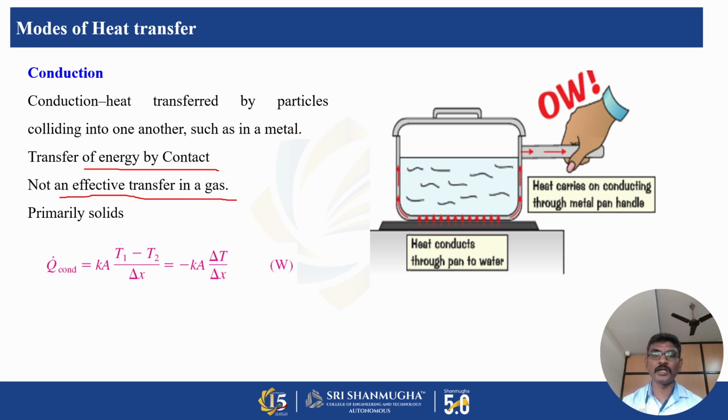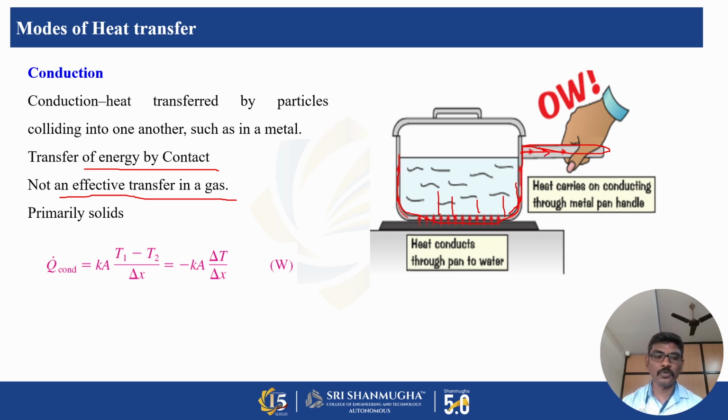In this picture, there is a pressure cooker. We are supplying heat at the bottom of the vessel. By molecular impact, the heat will be transferred to the outer surface of the vessel. The handle is directly attached to this cooker, so obviously the heat will be transferred to the handle also. This is the best example for conduction.